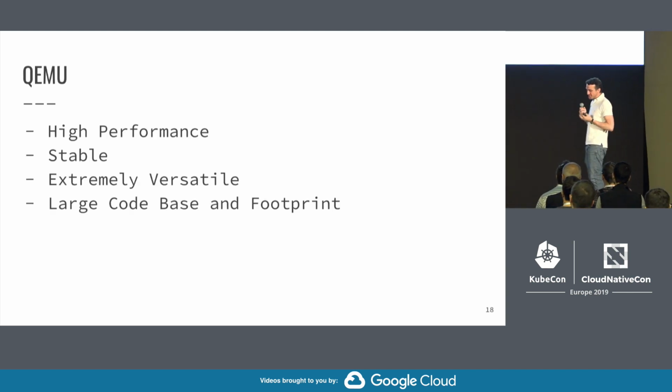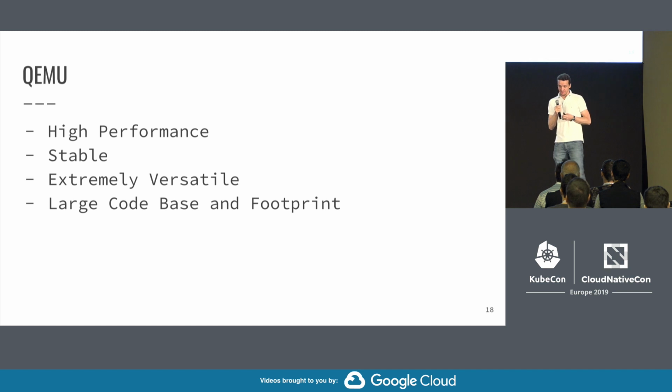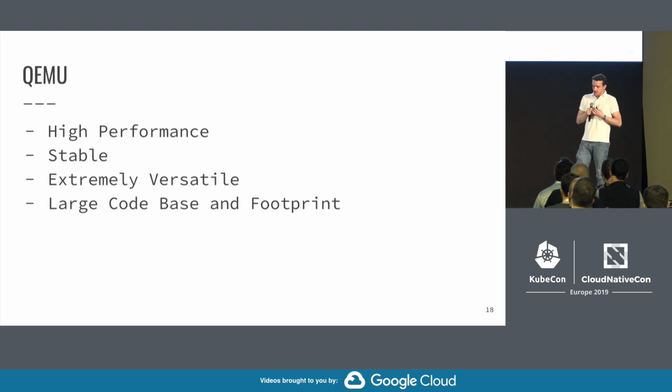Okay, so the default VMM for Kata Containers is QEMU. QEMU is a high-performance VMM. It's very stable. It's also very versatile, so it supports all sorts of architectures. It supports all sorts of platforms. It emulates hundreds of devices. So it basically does everything and anything you can think about when building a virtual machine.